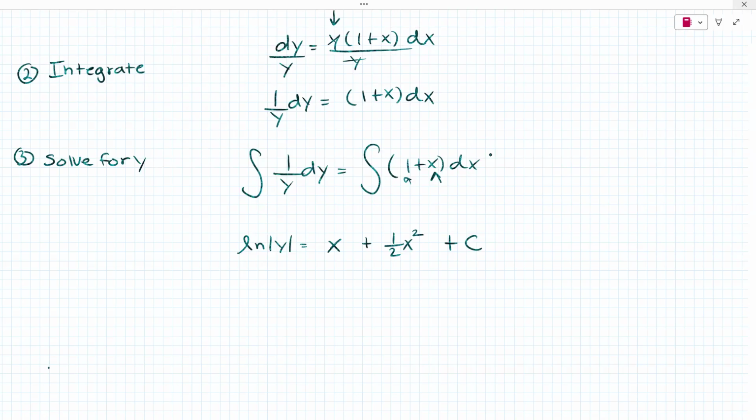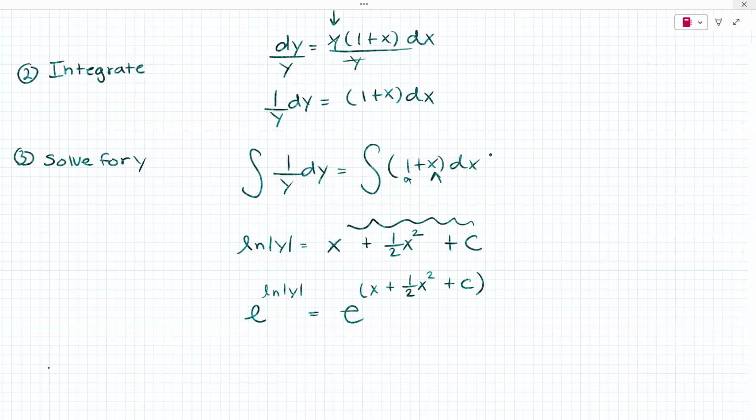So how are we going to solve for y? Well, I have an ln, so that's a big clue. I would just take e of both sides. So it's going to be e to the ln of absolute value of y equals e raised to this whole thing, including the c: x plus 1/2 x squared plus c.